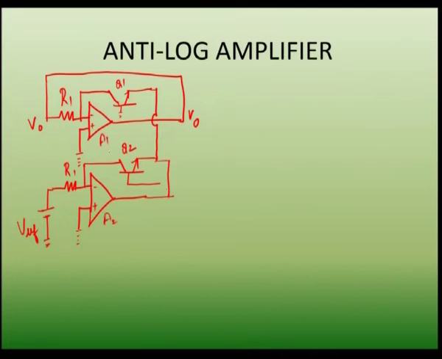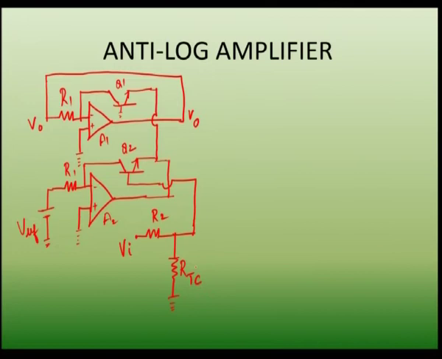Take this as A1, A2, and here this base is connected to the input voltage through a resistance R2, and here we are having the temperature compensated resistor. So, to the base of this transistor Q2 we are giving the signal Vi through the dividers R2 and RTC.